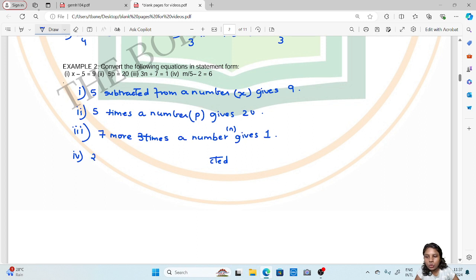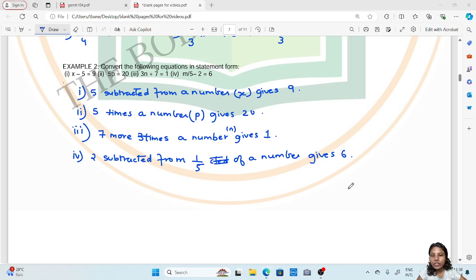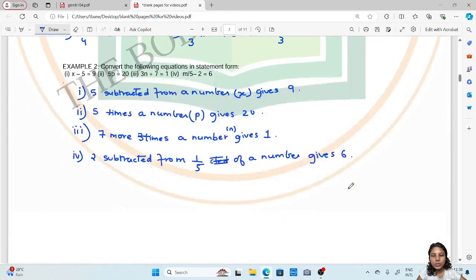So here we'll write 2 subtracted from 1/5 of a number gives 6. Okay, so this is how we can convert expressions to statement forms and statements to expressions.